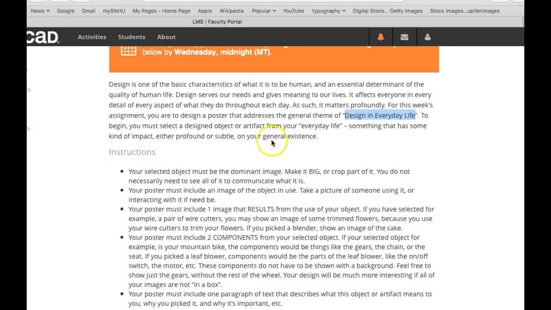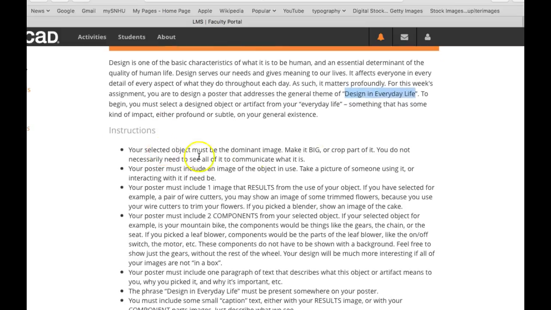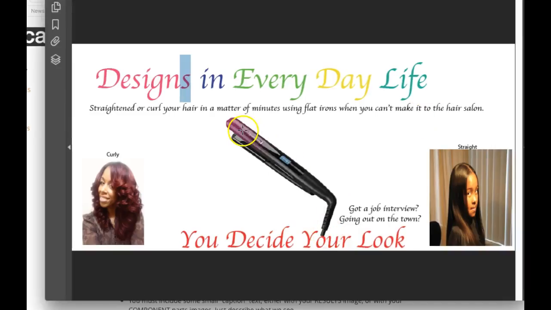The next thing is your selected object, which in your case is the curling iron. It must be the dominant image on the page. You can make it big, you can crop part of it. You don't necessarily need to show the whole thing to communicate what it is. Can you look at this and say this is the dominant image on the page?